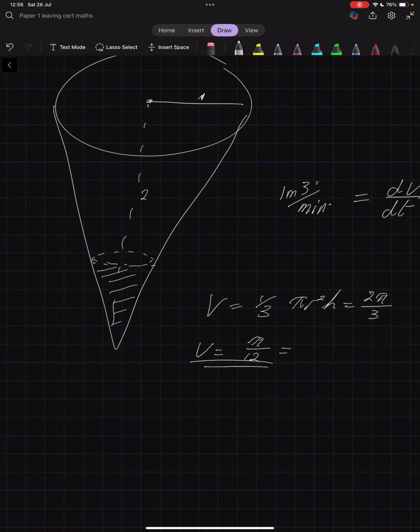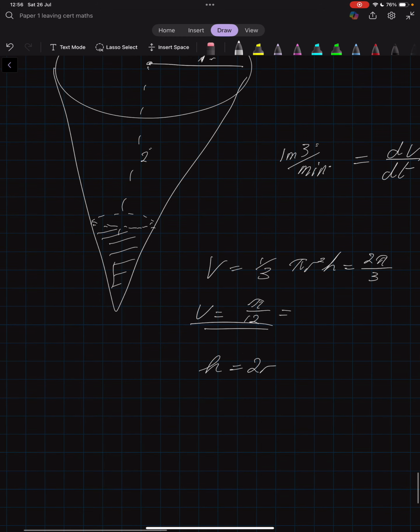Now remember, the radius is always going to be half of the height. So what I can do is I can say, okay, the height is always equal to 2r. So the volume of this little cone is always going to be 1/3 pi r squared times h, which is 2r. So it's always going to be 2/3 pi r cubed. So that's the volume.